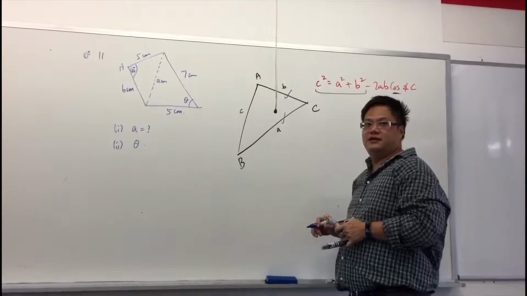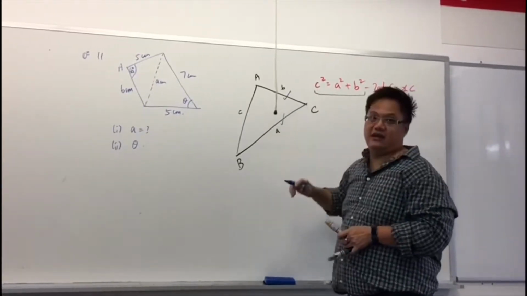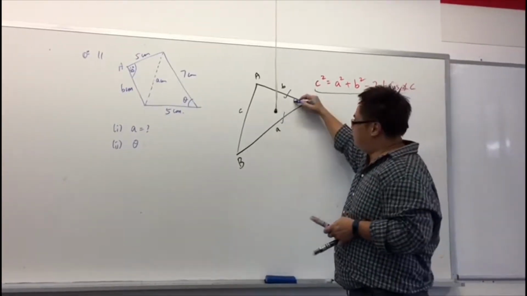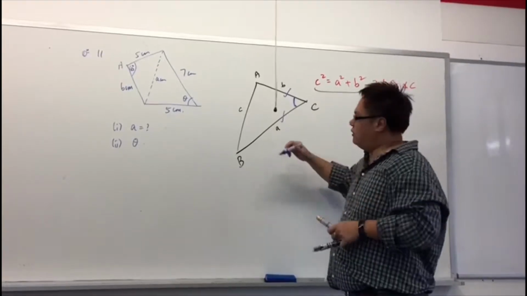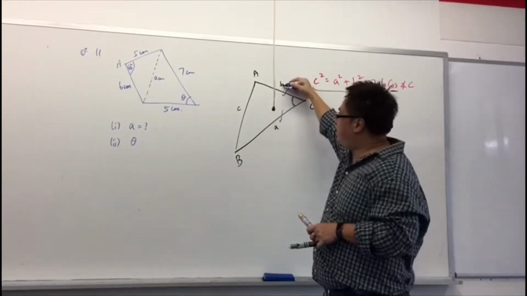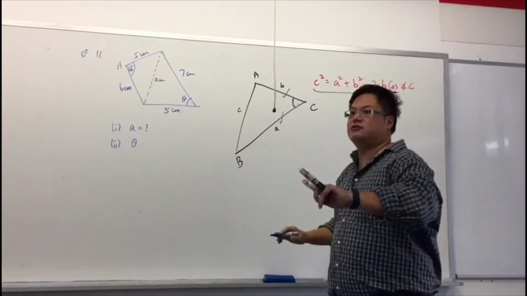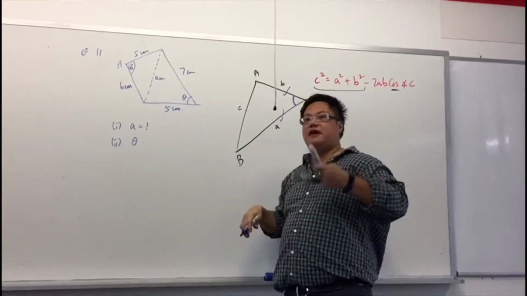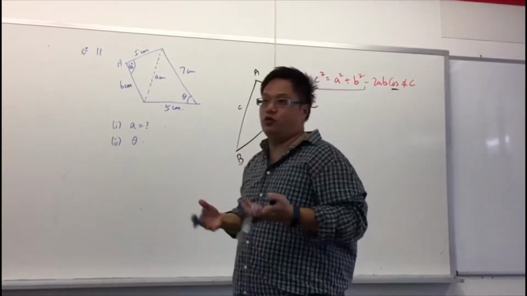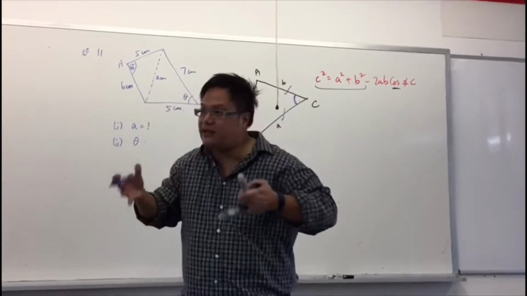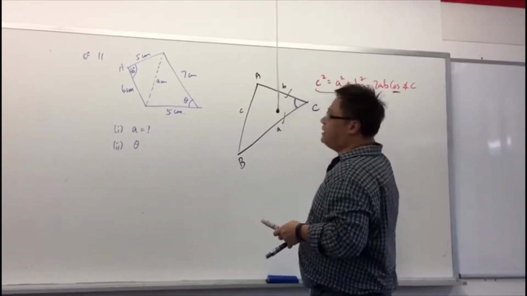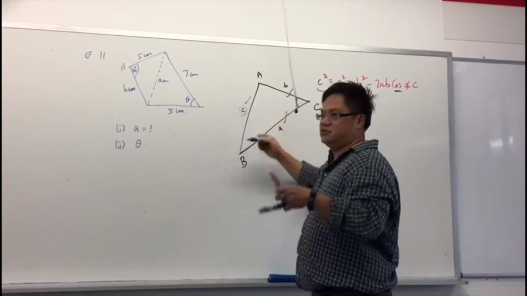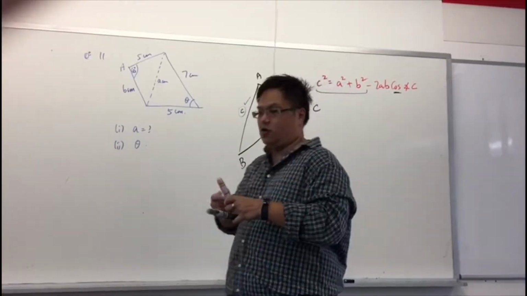The sandwich angle, the included angle. If you have the bread and the patty, am I correct to say that you can use half ab sine C to find the area of a triangle? You already learned that before. Likewise, you can use this formula to find the opposite length. This is called a cosine rule.